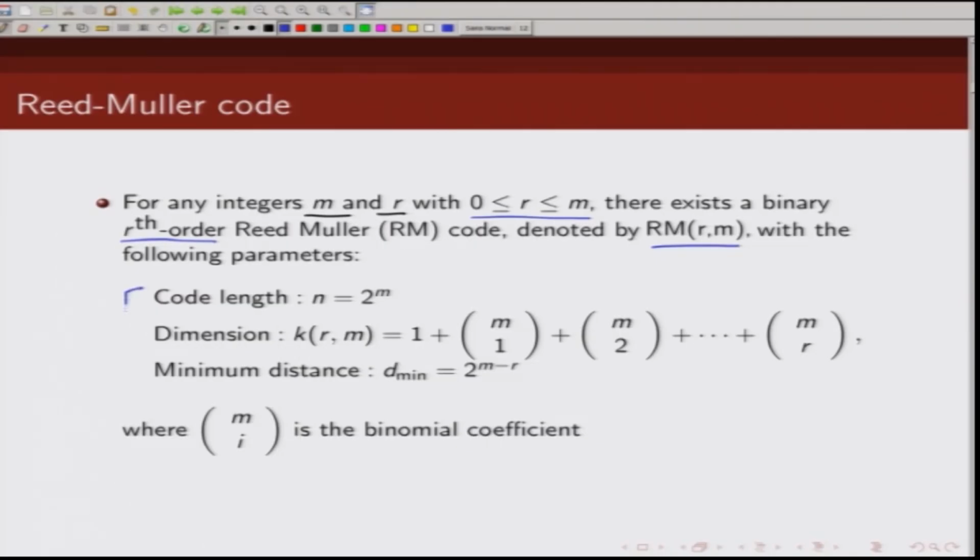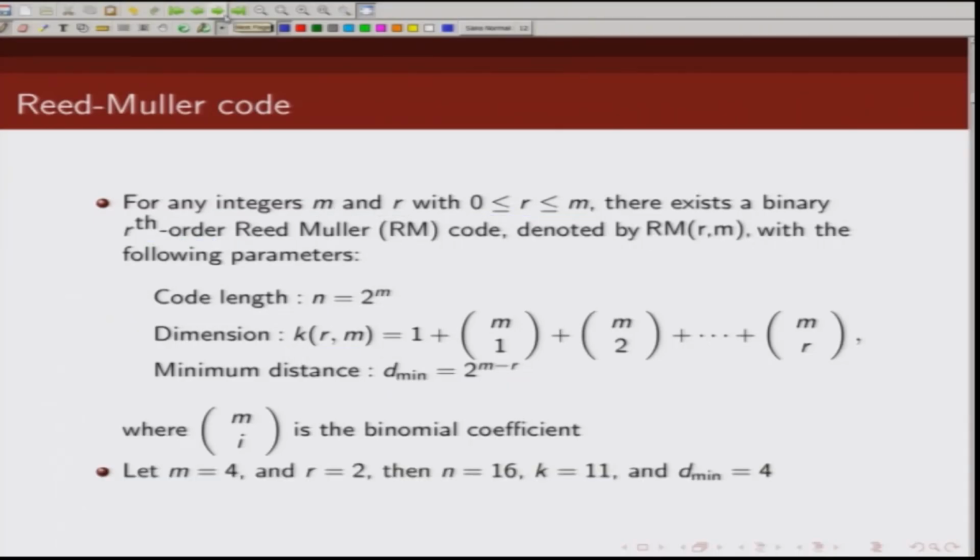Reed-Muller code has the following code properties. The length of the code is 2 raised to power m, and the dimension k is given by 1 plus m choose 1 plus m choose 2 up to m choose r, and the minimum distance of the code is given by 2 raised to power m minus r.